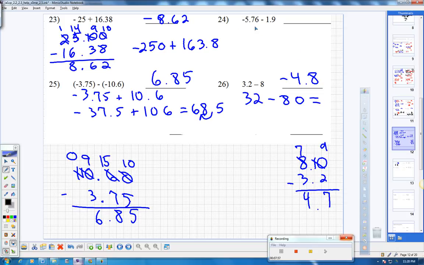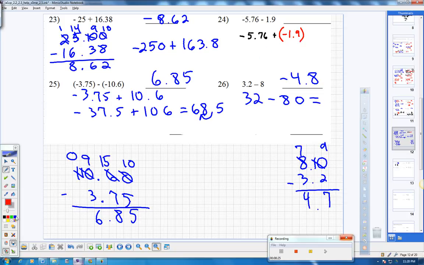For something like 24, though, there's really no need to make it more complicated than it is. That's the same as negative 5 7/7600 plus, notice how I use keep, change. So I kept the negative 5 7/7600. I changed the order to addition, and then I changed the value to negative 1 9/10.